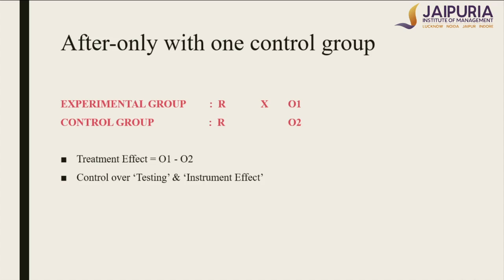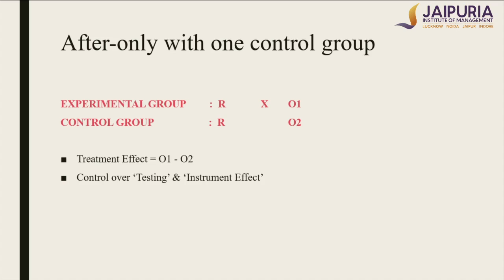Now I am going to explain how the design is being conducted. First of all, we can have many test units, and we assign these test units into experimental and control group by any random process. That's why this symbol R is written here. Then a treatment is applied to the experimental group, and after that we observe the dependent variable both in the experimental group as well as in the control group.